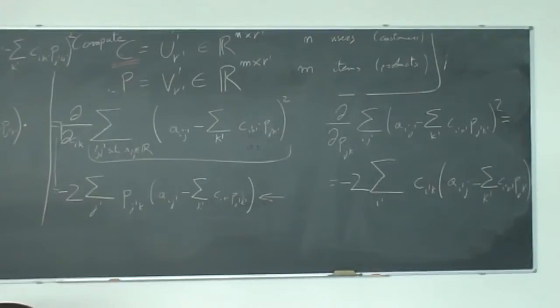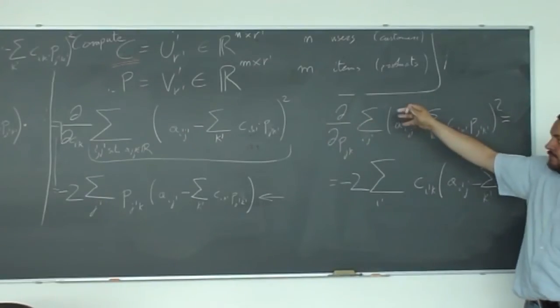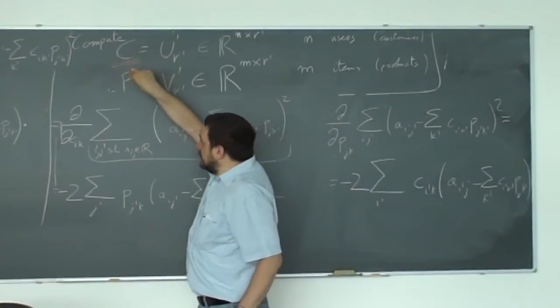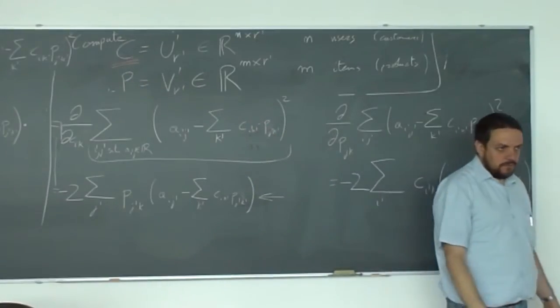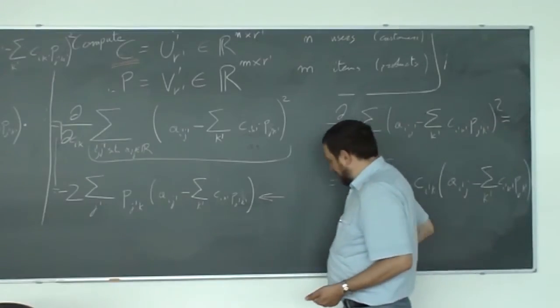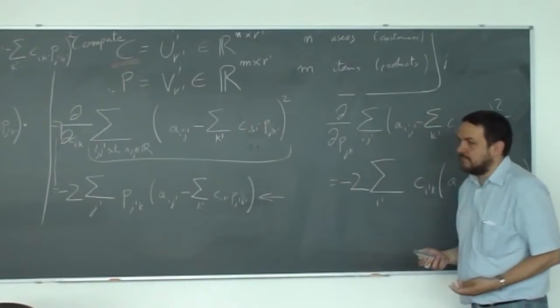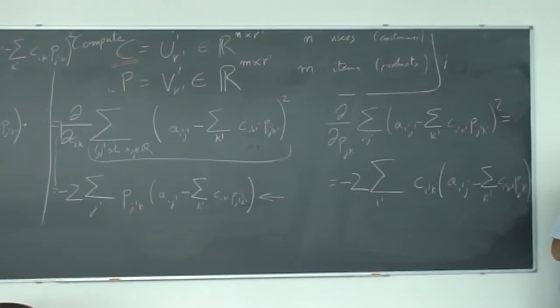So we have all the partial derivatives of the function that we want to minimize, with respect both to elements in C and to elements of P. And those derivatives are all that we need to try to minimize our function.